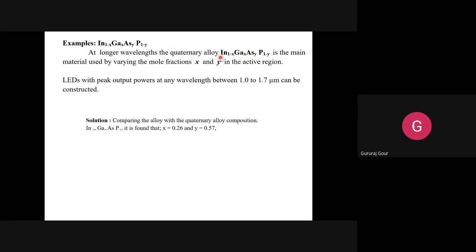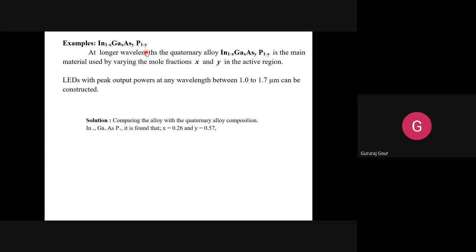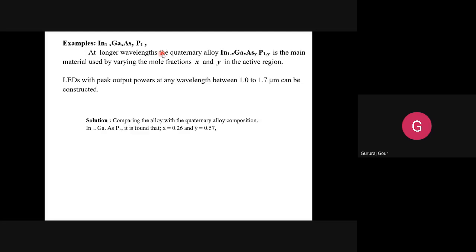So the problem is actually given like this, and you have to use this formula. Comparing, 1 minus x equals 0.74, and gallium is suffix x, so x you will get directly as 0.26. Similarly, from the suffix y, you will get y as 0.57.